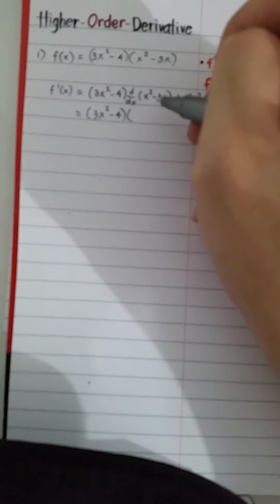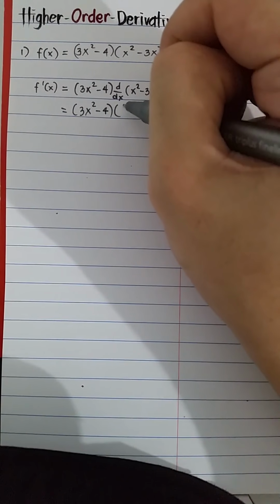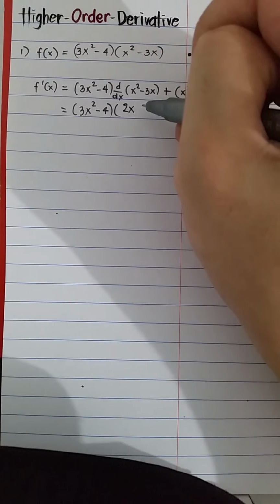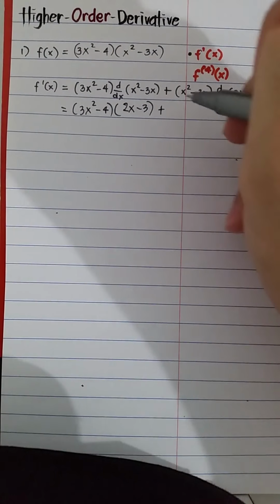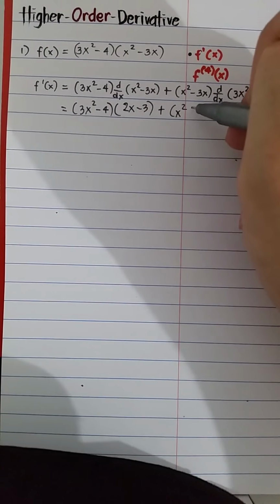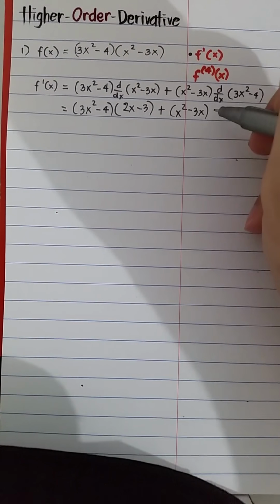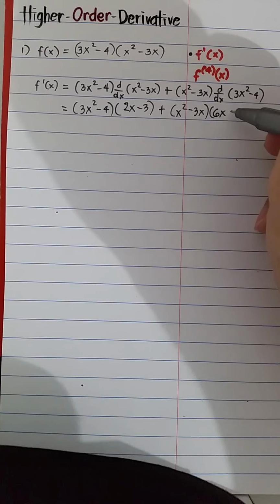And okay, the derivative of this is 2x minus 3, plus x squared minus 3x. The derivative is 6x.